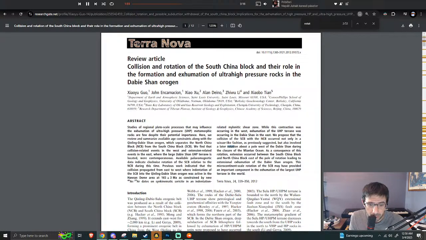Scissor-like collision, but also involved a later rotation about a pole. Rotation about a pole.